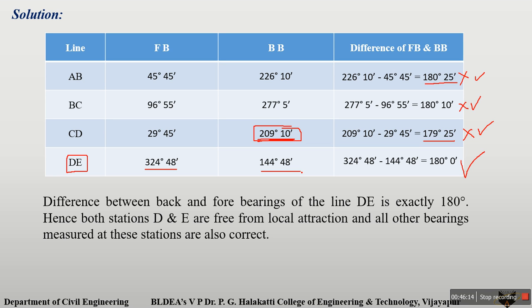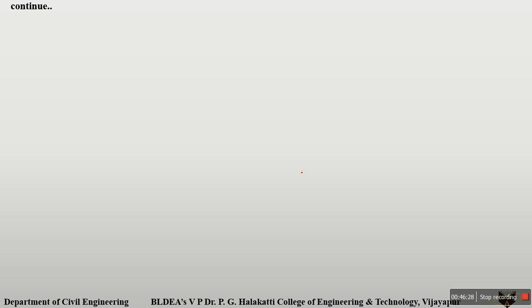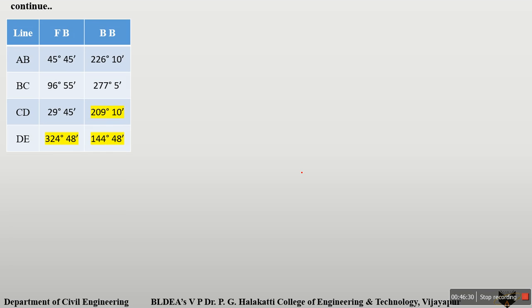Similarly, from E station they have measured 144 degree 48 minutes. This is also a correct bearing, meaning these are free from local attractions. This is the first step. Next, the second step. I am mentioning one table here, and the corrected bearings I am marking with these colors.